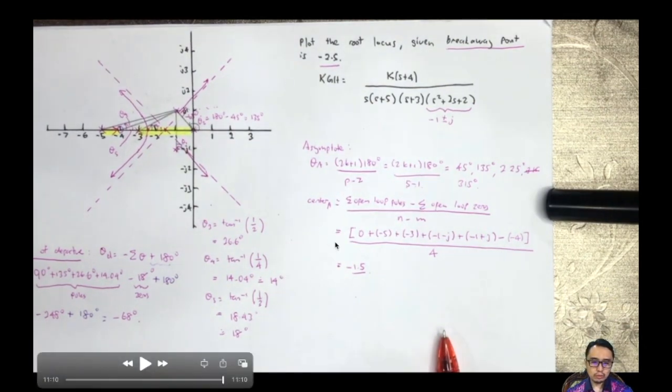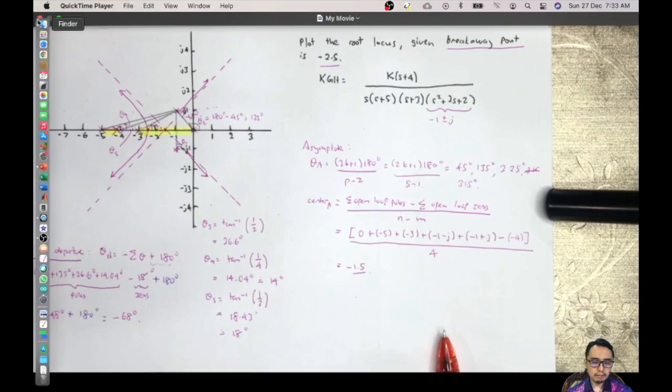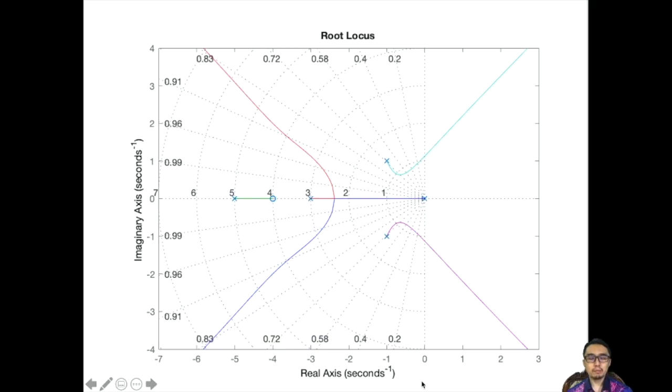So you might want to check your answer using MATLAB. If you plot it using MATLAB, this is how it looks, very similar to what we have achieved using just pen and paper. This is minus 68 degrees. That should be positive 68 degrees.